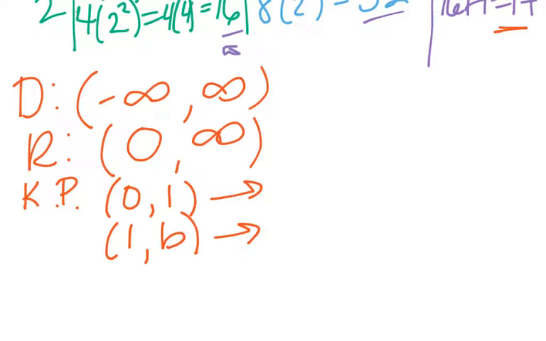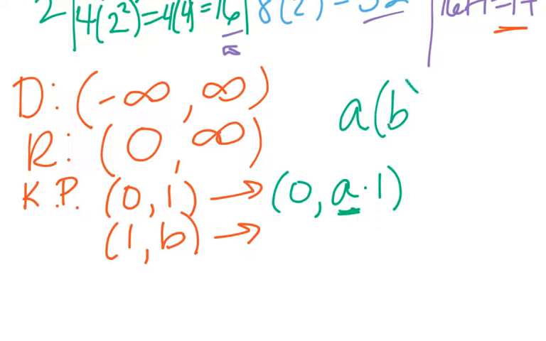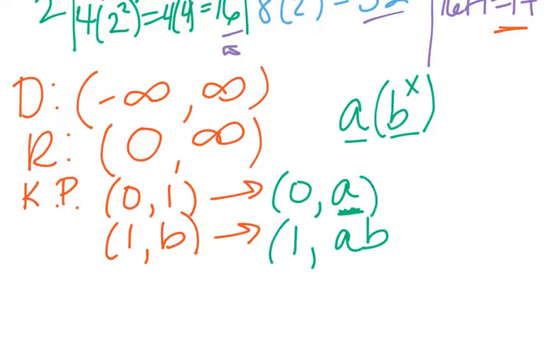Well, 0, 1 is becoming 0, a times 1, or just a. So our graph is a times b to the x. And then 1, b becomes 1, a times b, because you have a times b to the first. Here you have a times b to the 0, and b to the 0 is just 1. So let's just change this so it just says a.